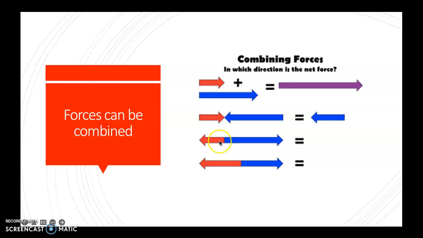In this example, we have two forces pulling in opposite directions. So imagine this is a tug of war. If you have one group that has 3 people versus a group that has 6 people, the group with 6 people is going to win, but they are still going to have to counteract, and some of that force is going to be taken away by the other team.